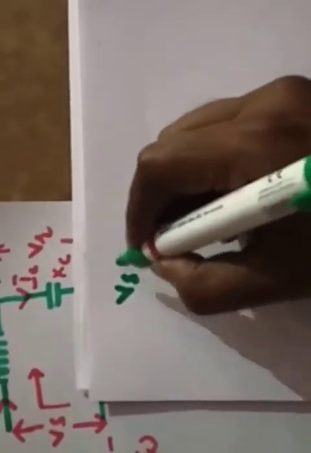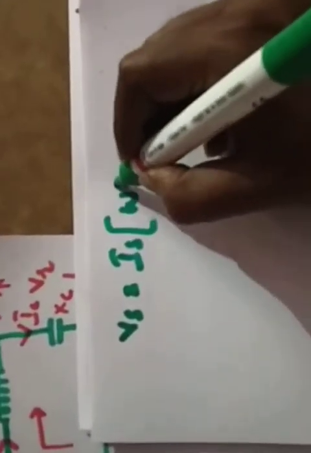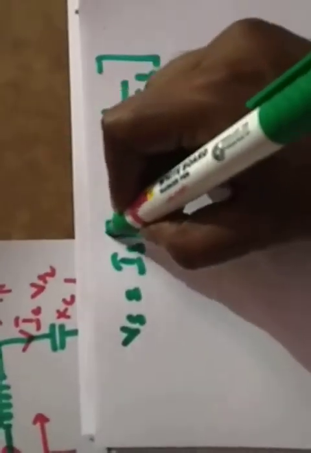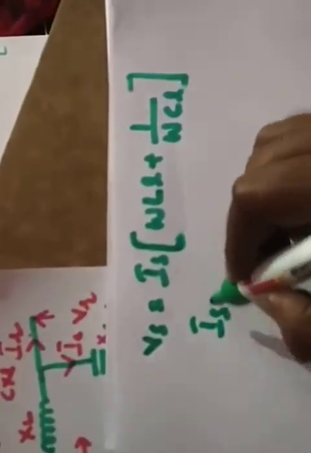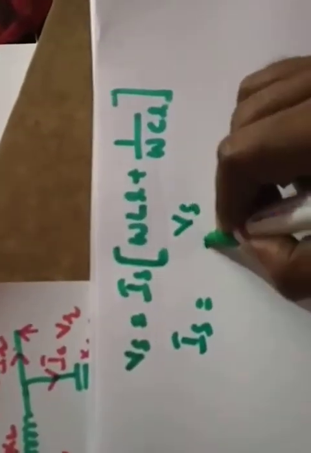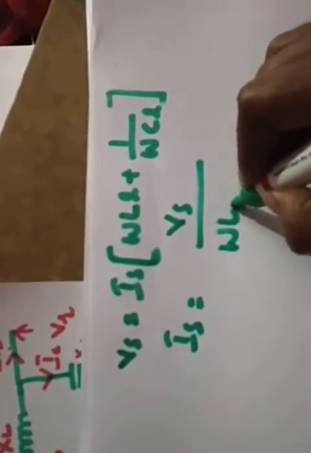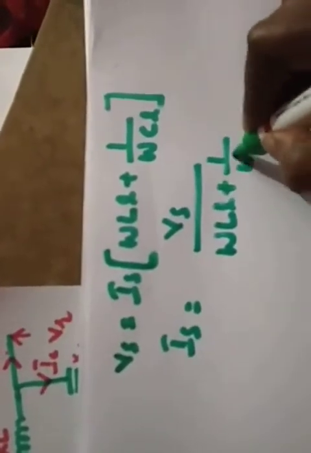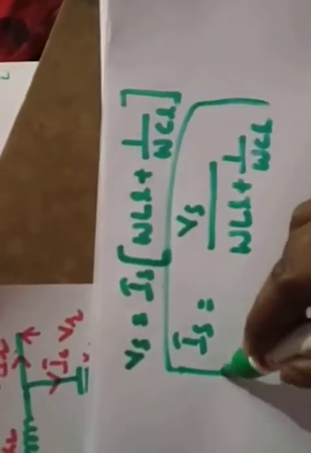So you got the equation as Vs is equal to IS into omega L l plus 1 by omega C l. So what is the value of IS? IS is Vs by omega L l plus 1 by omega C l. You got the IS value.